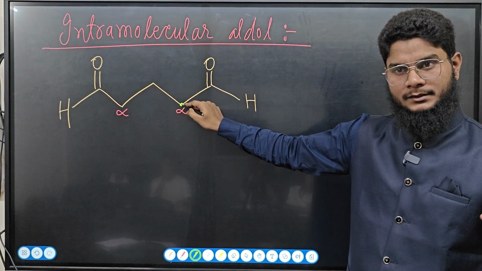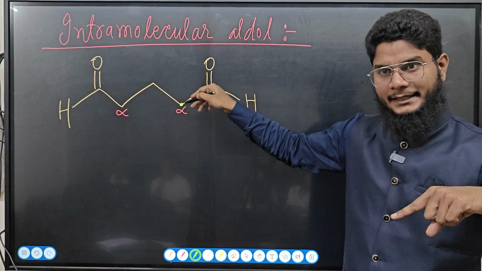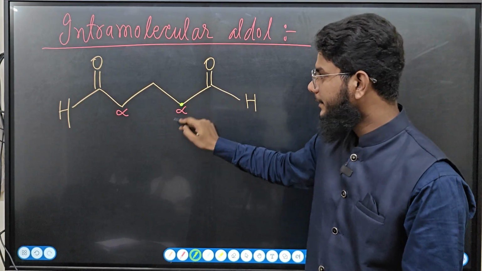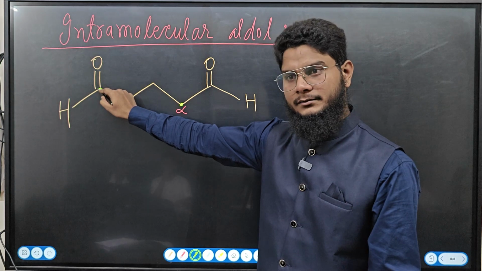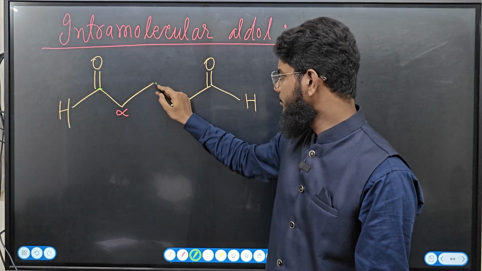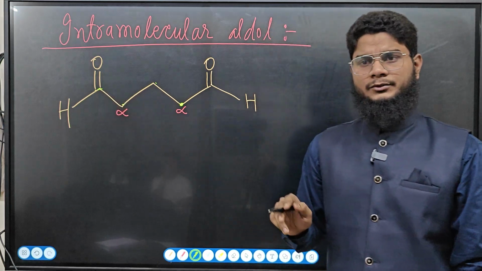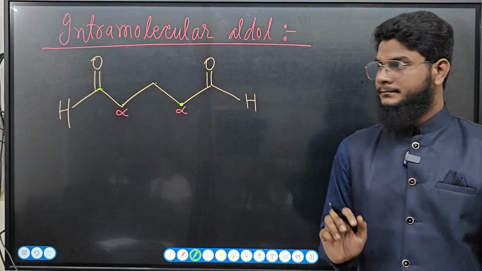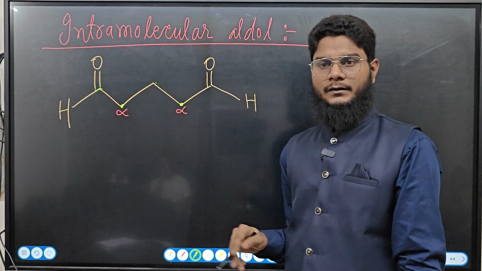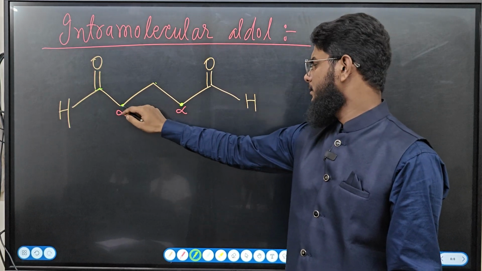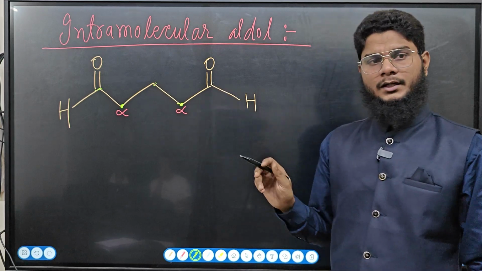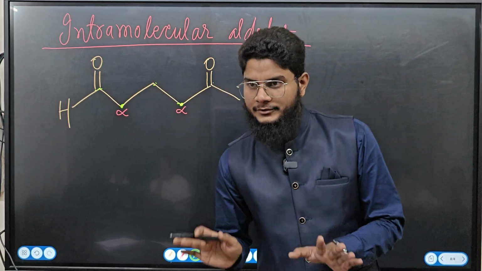It will form enolate, with the negative charge here. Now this negative charge will attack this positive center. How many members in the ring? 1, 2, 3, 4. You are getting a 4-membered ring. And if I consider this alpha, then how many members? 1, 2, 3, 4. In both cases we get the same.